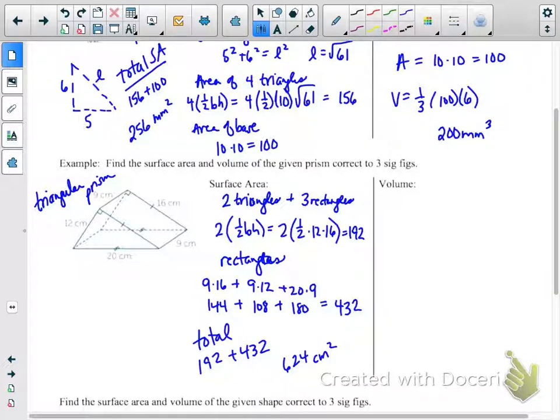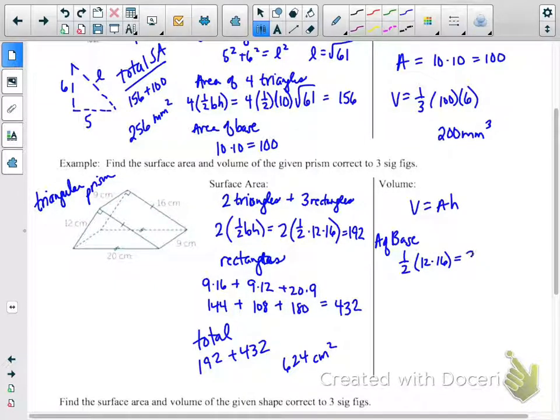Okay. Now volume, again, is easier in my opinion. Your volume is A times H, and again, A is the area of the cross section or the area of my base. So my base here, we'll just say A of base. That's going to be 1/2 base times height.